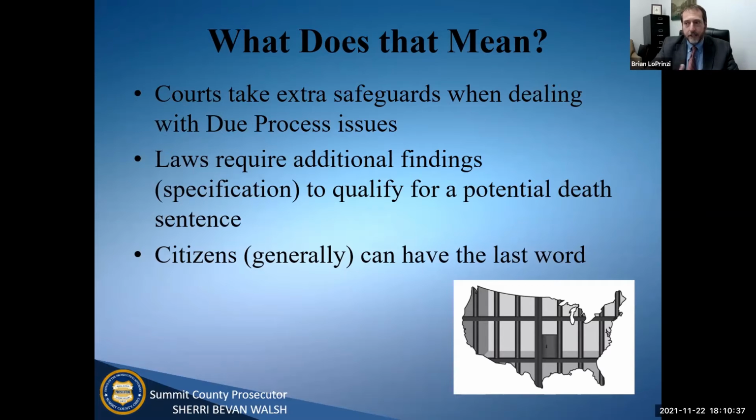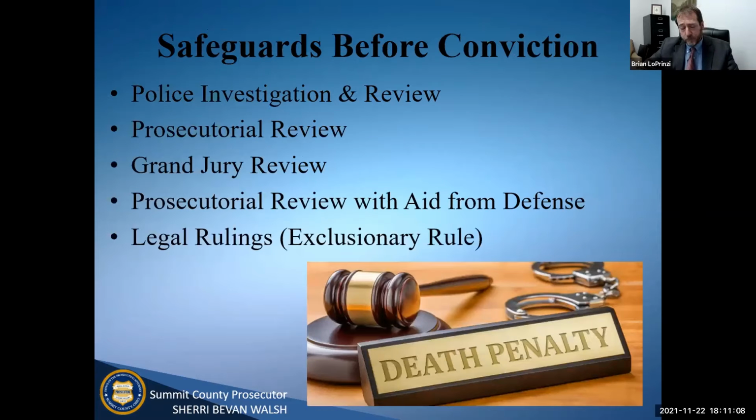And then lastly, it's different in that in most states, including Ohio, citizens of the community are involved and have, so to speak, the last word on the death penalty, okay? Because in Ohio, without the community agreeing that a death sentence is appropriate, you cannot get a death sentence. So you have to have community involvement in Ohio.